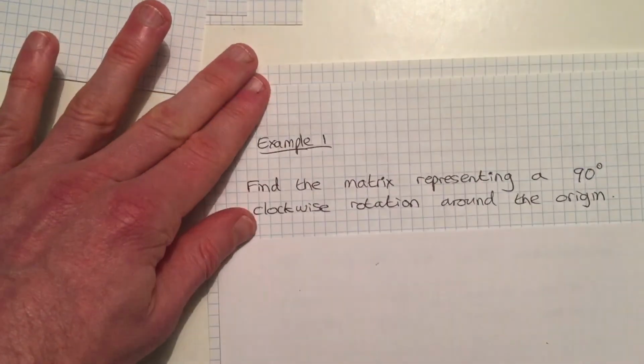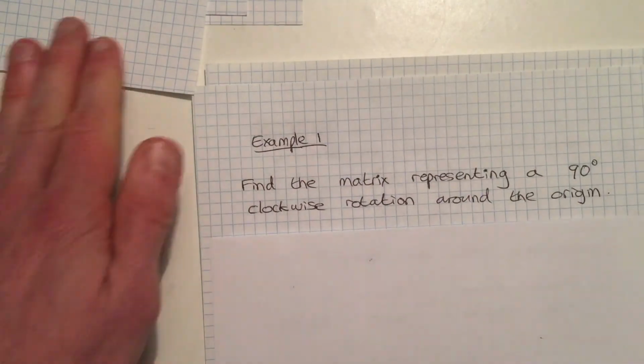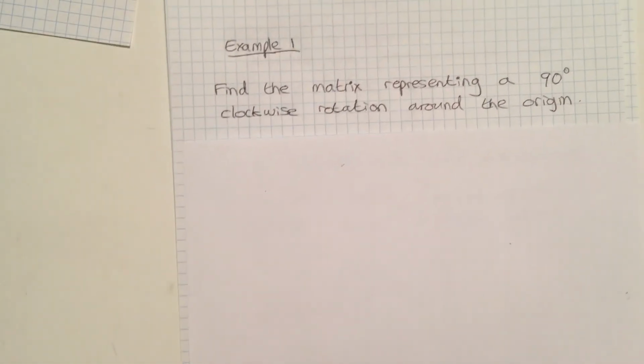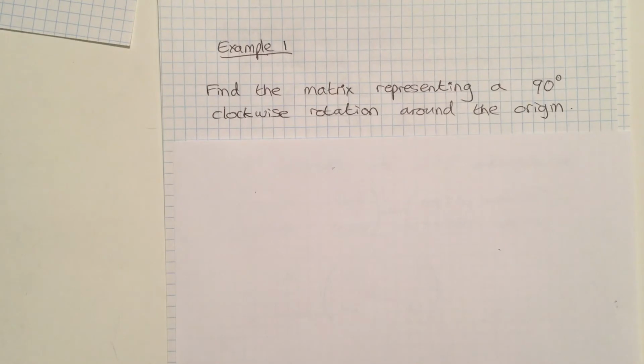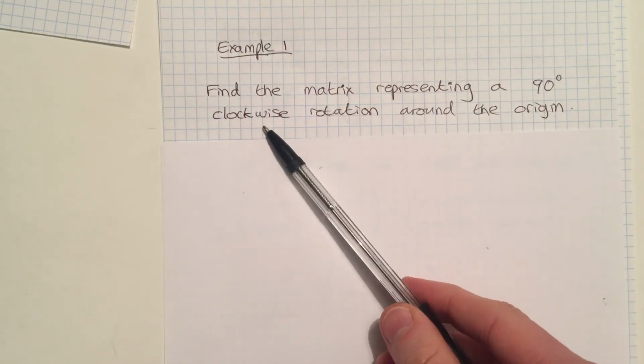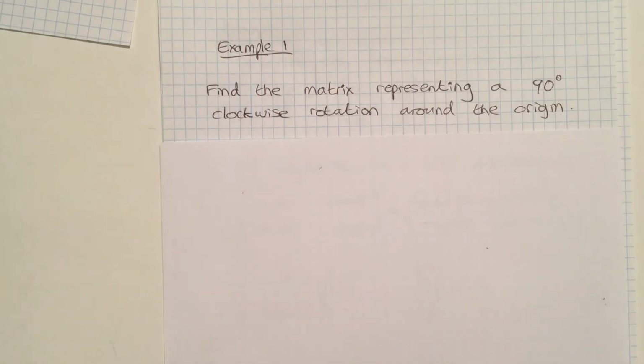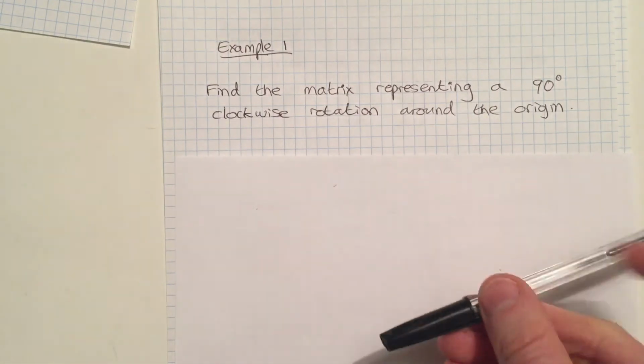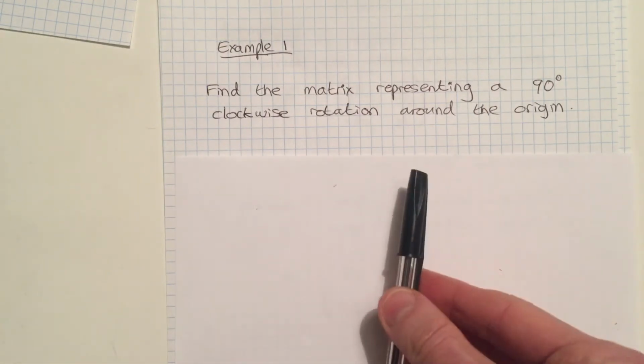So, example 1, we are told to find the matrix representing a 90-degree clockwise rotation around the origin. So first of all, I've noticed that this question said clockwise, and I need this to be anti-clockwise, as we saw before. So therefore, I need to think a 90 degrees clockwise rotation is like that.